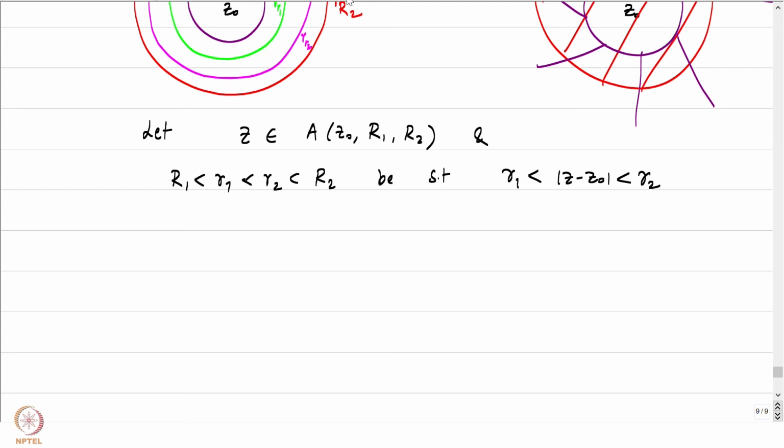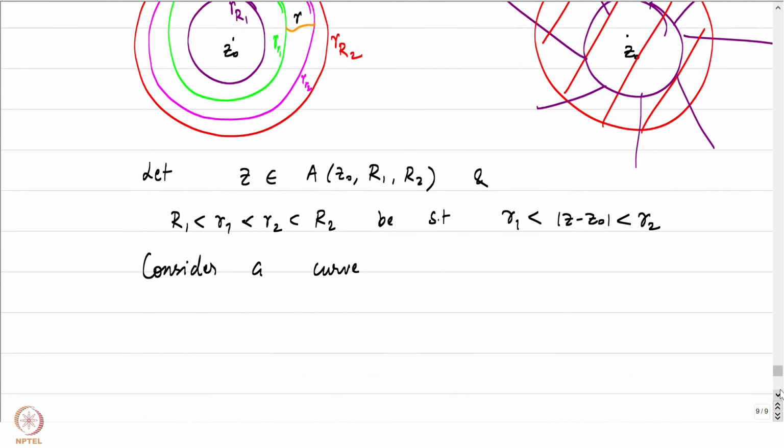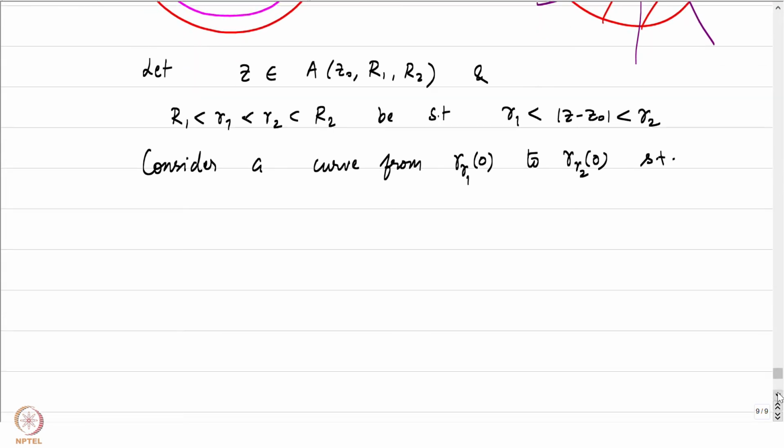Let us now consider a curve. Let's call this curve gamma, from gamma r1 of 0 to gamma r2 of 0, such that z does not belong to gamma.